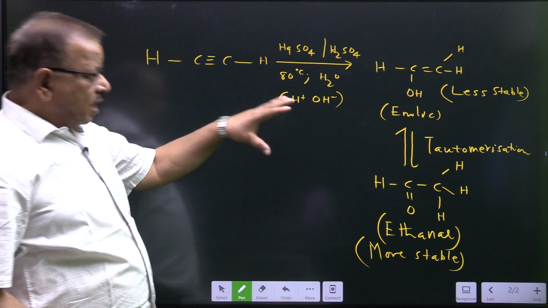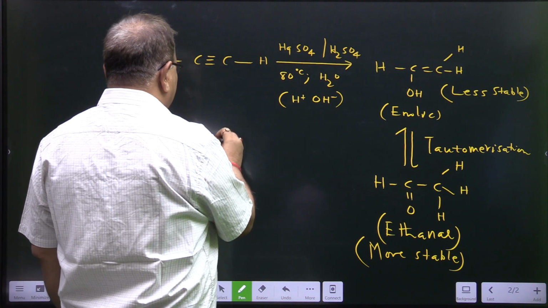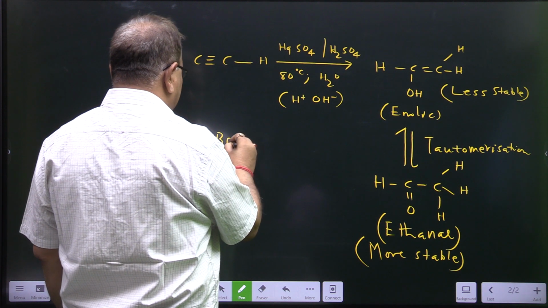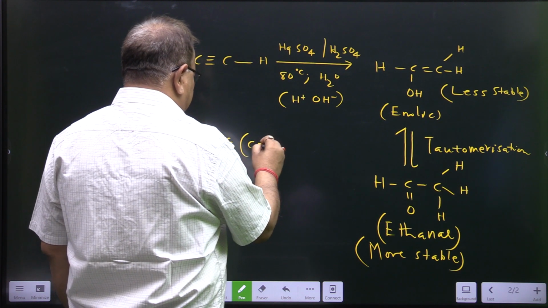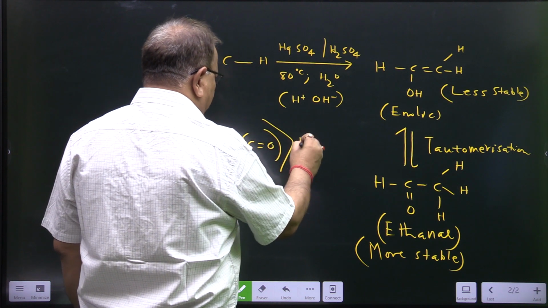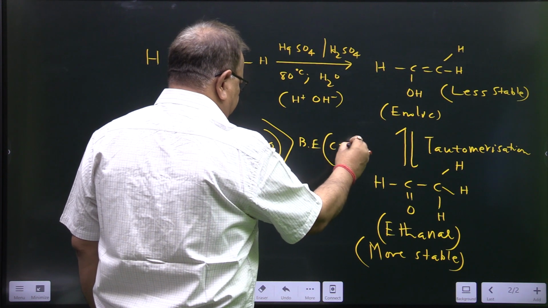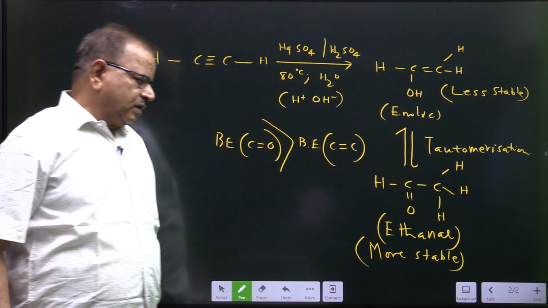In the case of monocarbonyl compounds, why is it more stable? Let us discuss. The bond energy of C double bond O is more than that of C double bond C. That's why it is more stable.